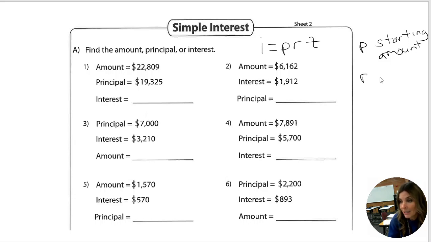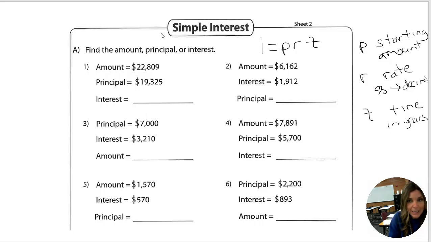The R, that is the rate. Okay, so that's always going to be a percentage that you need to turn into a decimal. And then the T, that is time in years. So that's what the T stands for.